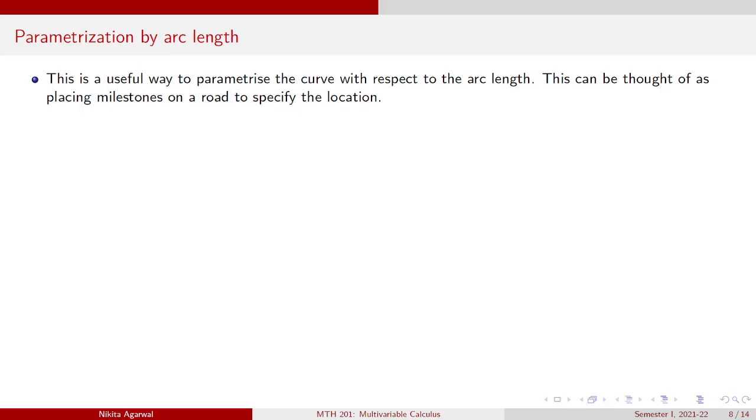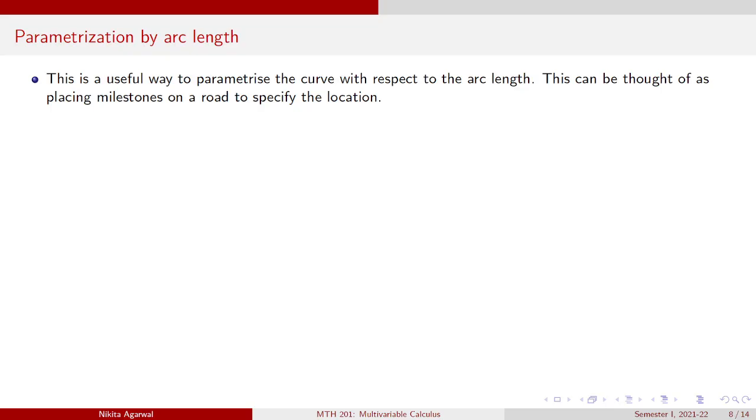So the physical motivation of this is the following. This is a useful way to parameterize the curve with respect to arc length. This can be thought of as placing milestones on a road to specify the location. So when we walk along the road, it is not straight, right? It is curved.